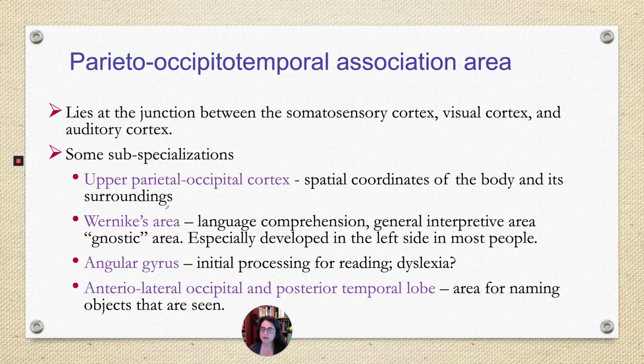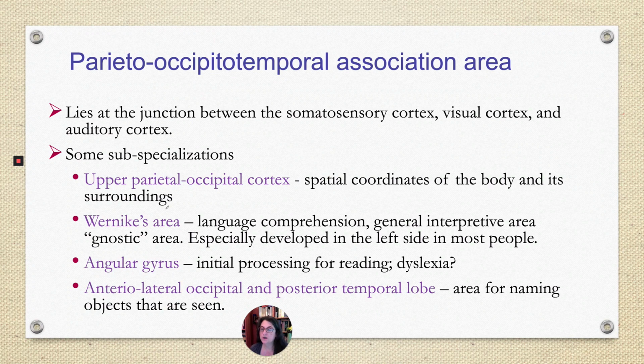Wernicke's area is a language comprehension area, or sometimes called the general interpretive area or Gnostic area. And Wernicke's area is necessary for speech, but not because it has a motor function, but rather Wernicke's area is where you put together the ideas of what you want to say. All right, so that's why it's called Gnostic, meaning to know.